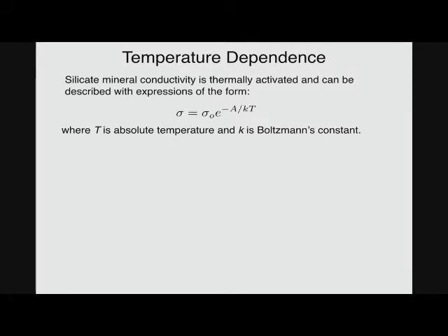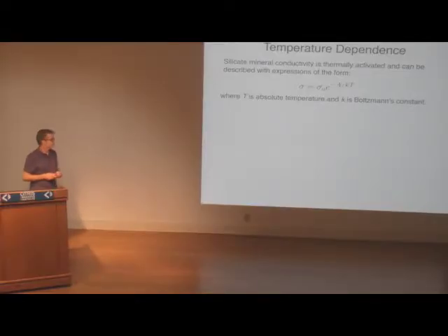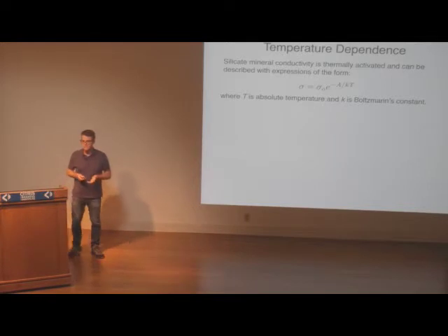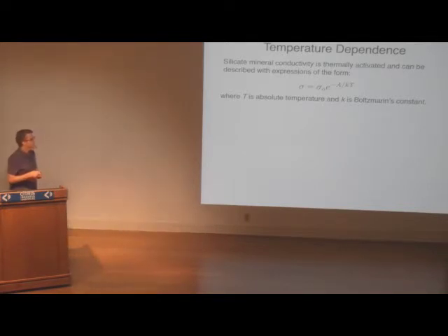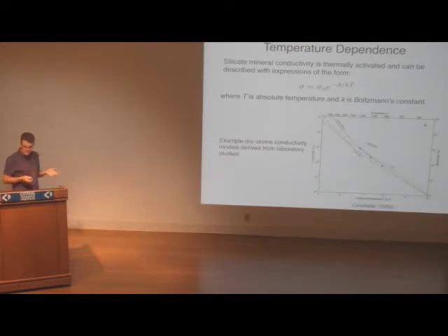Resistivity also depends on temperature, something you also saw in Uli's talk on seismic velocities. At least for silicate minerals at mantle temperatures, you have a nice exponential relationship, a thermally activated conductivity, with Boltzmann's constant, the temperature, and an activation energy. This is an example showing dry olivine conductivity models derived from various laboratory data.